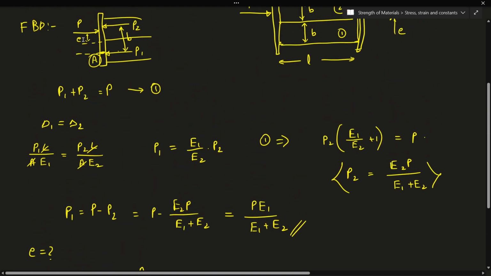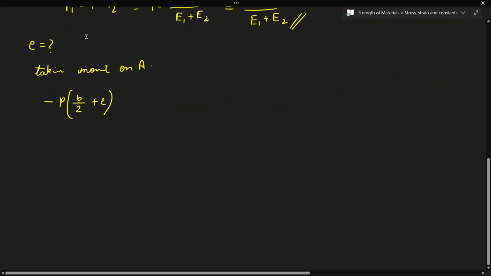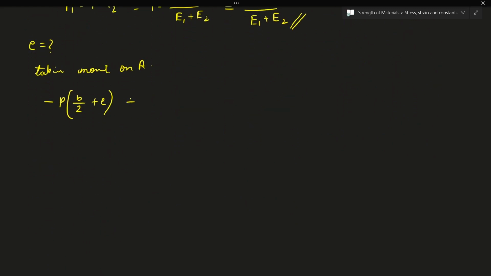So I'll have P here, this length is B by 2 plus E, plus P2 into B will be equal to 0.